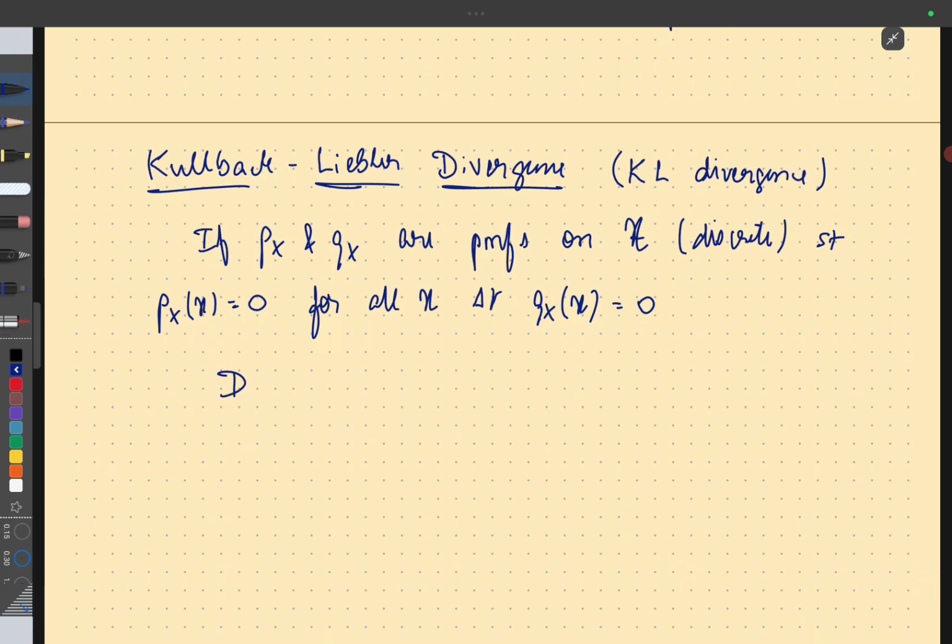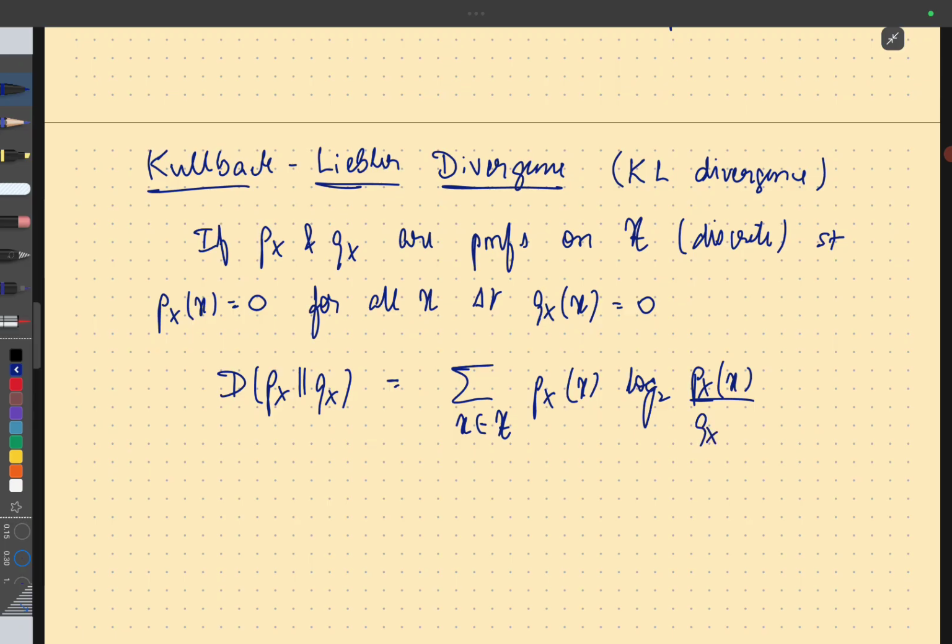Then the KL divergence, which I'll denote D(Px || Qx), the KL divergence between P and Q, is equal to the sum over all x of Px of x log of Px of x by Q of x.